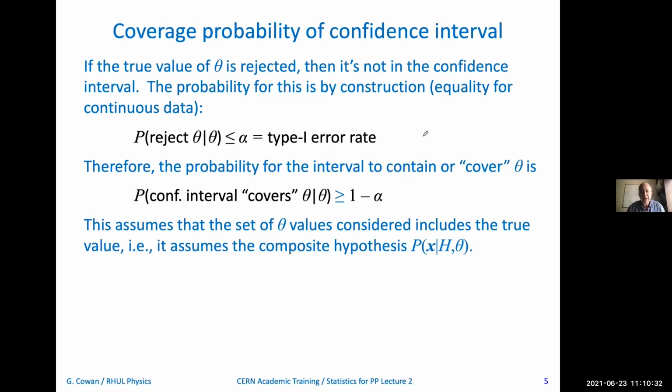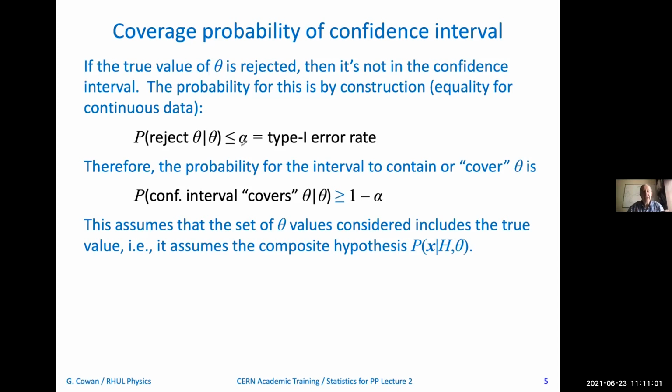Well, then that means that it's not in the confidence interval. So what's the probability for that to happen? Well, the probability to reject the true value by construction is given by the size of the test. Right? If it's continuous data, it's equal to the size of the test. If it's discrete data, then it's less than or equal to the size of the test. I didn't introduce this term, I think, yesterday, but this is also what's called the type 1 error rate of the test. All right?